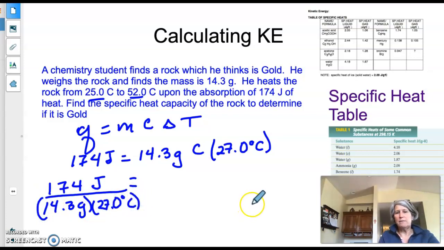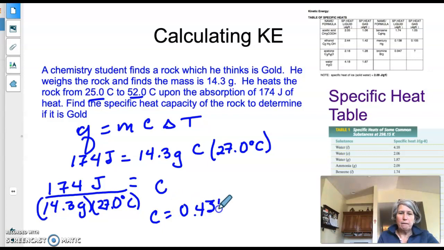That's a unit for specific heat. And when I solve this, C will actually be 0.451 joules per gram degree C. So the answer is 0.451 joules per gram degree C.